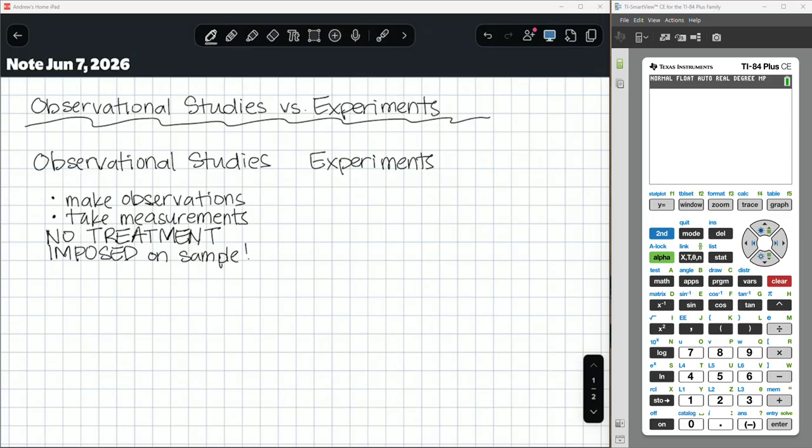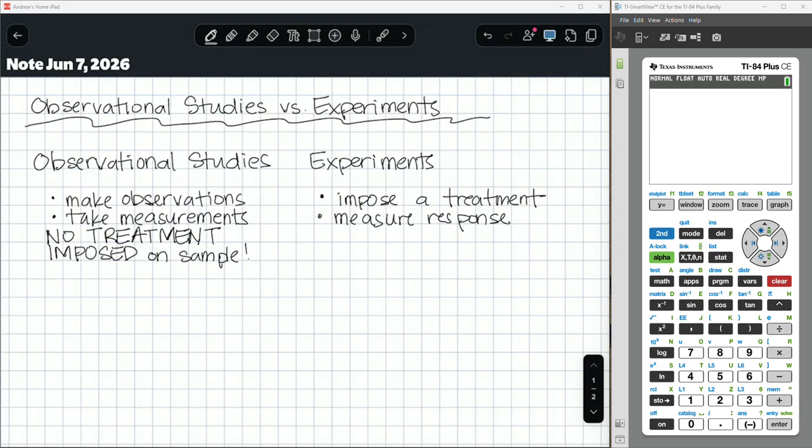Experiments, on the other hand, I am going to impose a treatment, and then I am going to measure the response. So, for example, if I'm talking about school children, maybe I want to answer the question, does listening to classical music improve test performance?